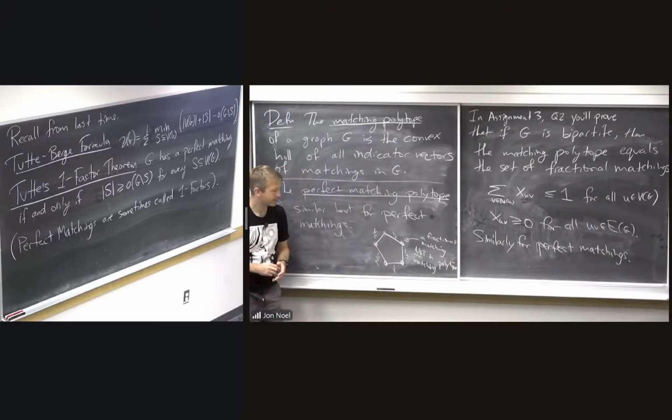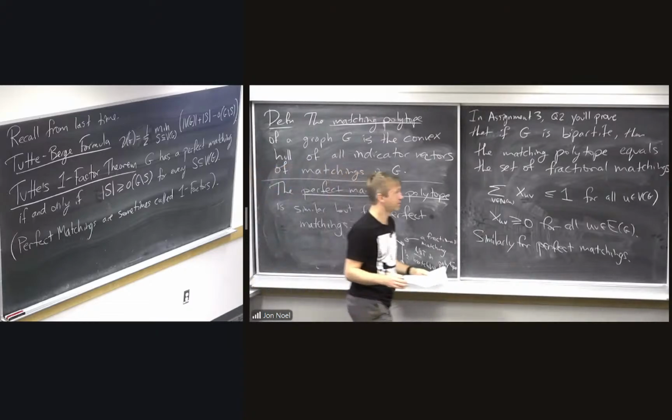So actually, there's something quite related to this Tutte-Berge formula that allows us, in any graph, to write down a description of the matching polytope and also the perfect matching polytope.